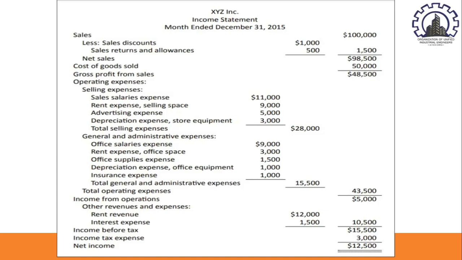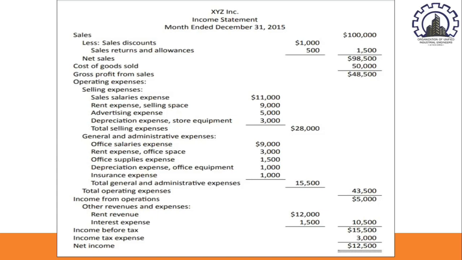XYZ Incorporated shows rent revenue under other revenues and expenses because this type of revenue is not part of its merchandising operations. Interest earned, dividends earned, and gains on the sale of property, plant, and equipment are other examples of revenues not related to merchandising operations.